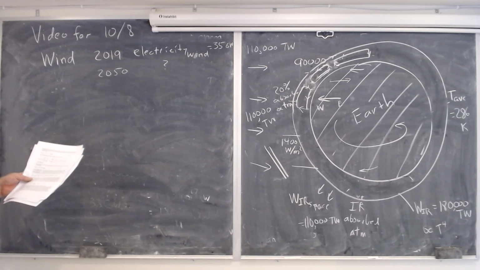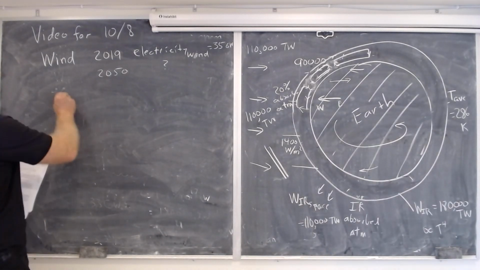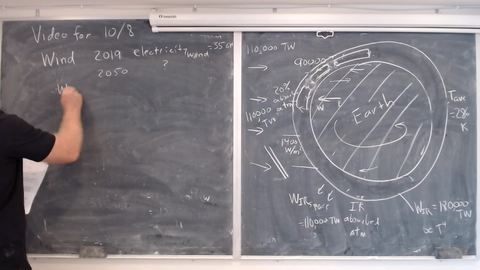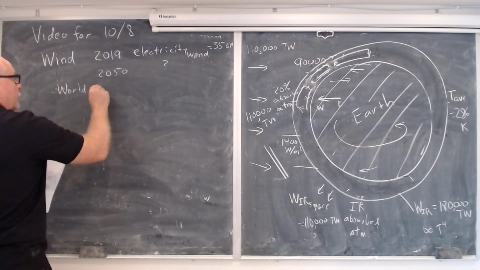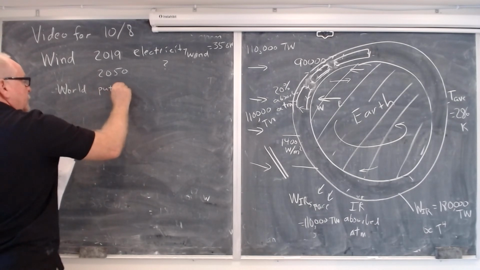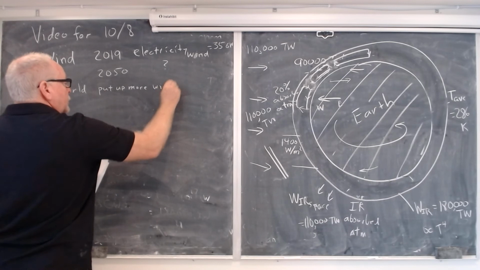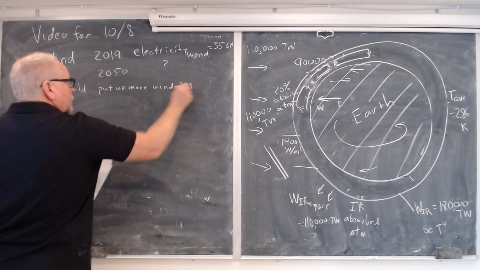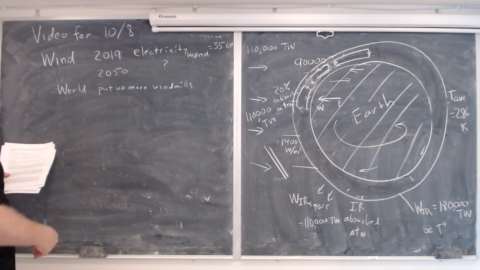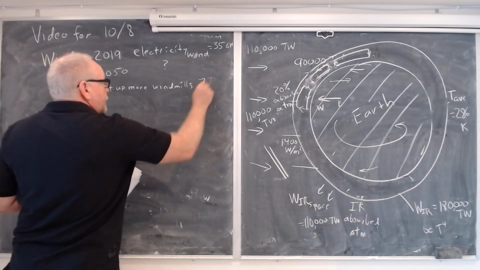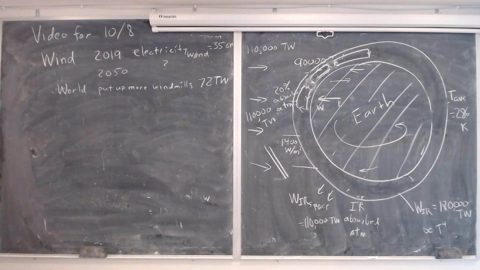People have done that, and they've made estimates that, well, for the world as a whole, put up more windmills. And basically, they've just calculated that 72 terawatts is possible.